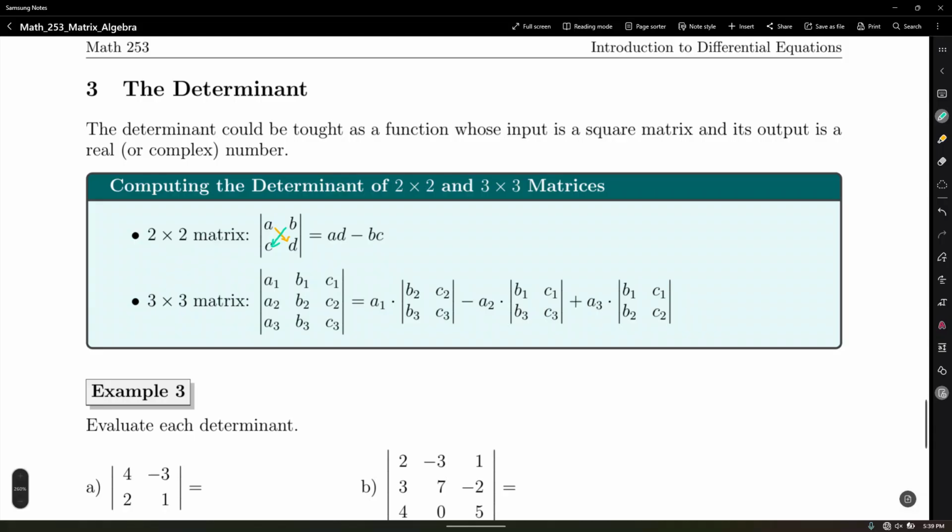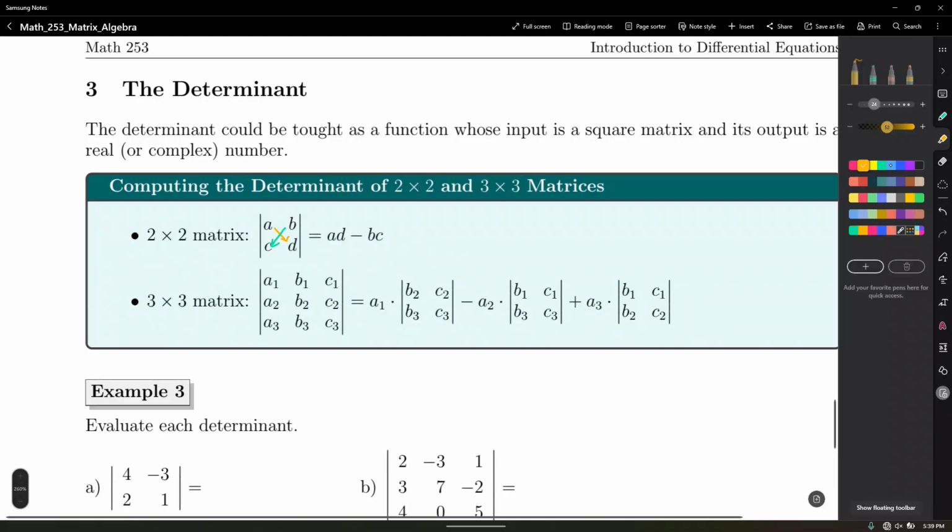Here you need to decide along which row or which column you want to expand this. That's something you'll get to see in more detail in linear algebra. I don't think this is something you get to see in college algebra, but anyway. So if you observe these coefficients here, A1, A2, A3, let me change colors to have a better match with colors here.